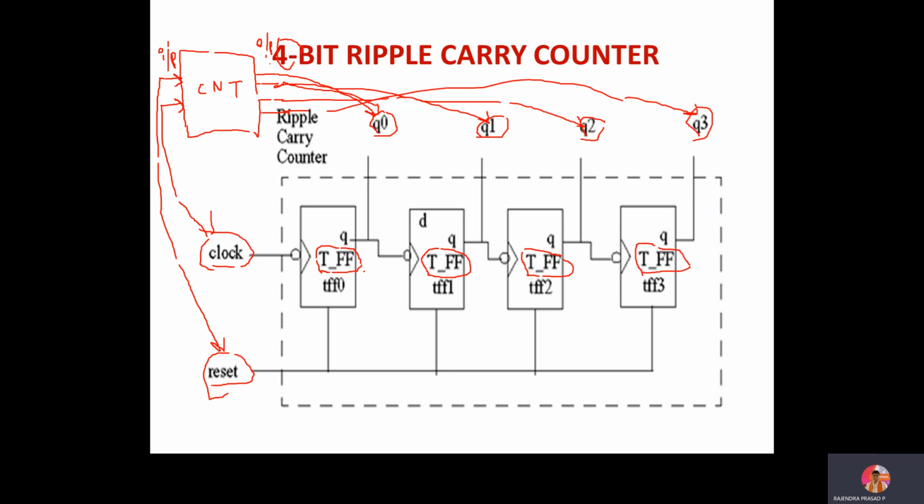When I give an input, sometimes the output will be 0, sometimes it will be 1, so it is toggling every time. That is why we are calling it a ripple counter. It is a 4-bit ripple carry counter, not a general counter, it is a ripple counter. When I use this ripple counter, by default the flip-flop I'm going to use is the T flip-flop.